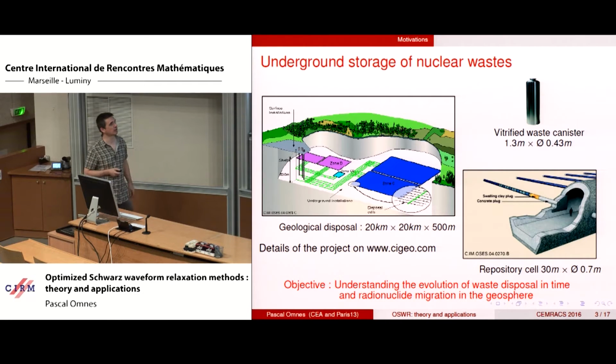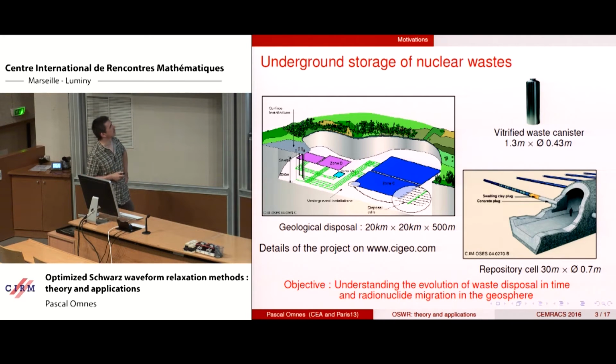But still, after being reprocessed, we eventually have some waste that we don't know what to do with. And one possibility that is considered is to store them in the deep underground. So there is already an experimental laboratory for that in the east of France.